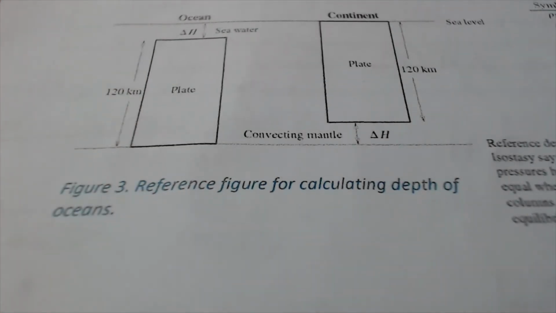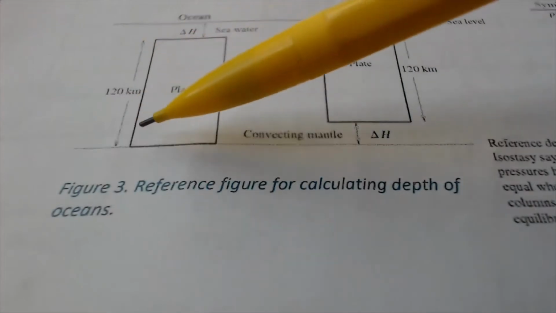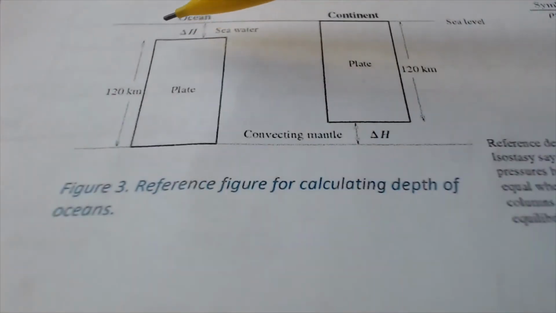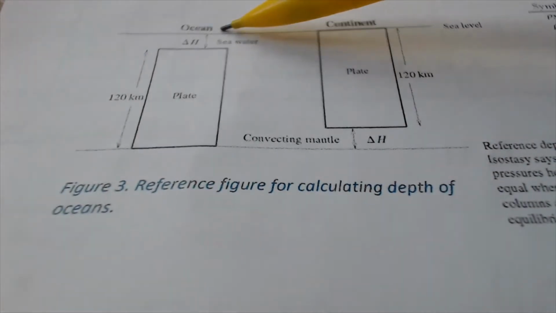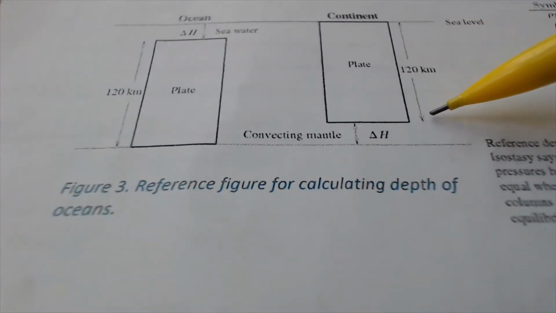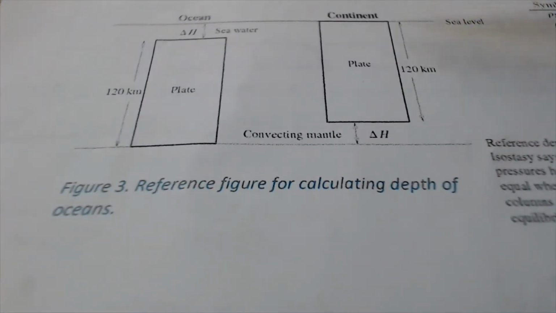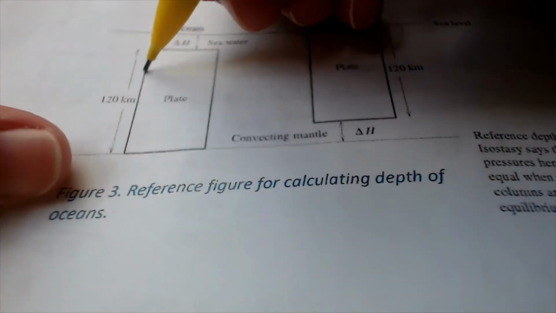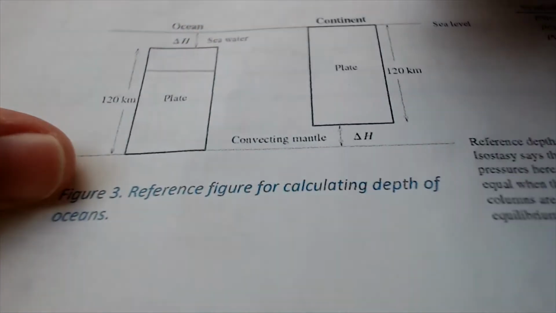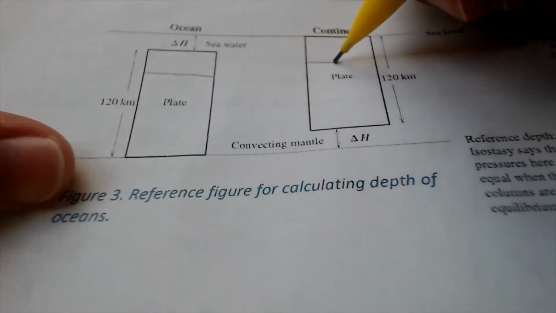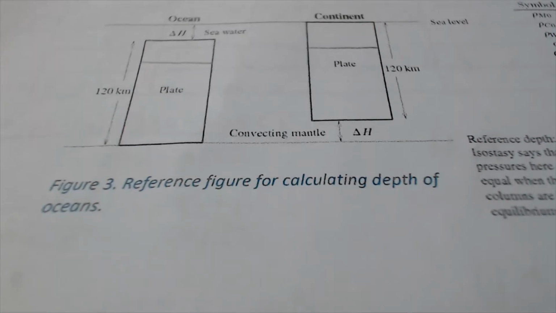So if you look at this diagram, you can see 120 kilometers as the plate thickness for the oceanic lithosphere, and then we have the same value over here for the continent. So based on the activities that we had done before, I can draw a line in to differentiate different parts of the plate that would have different densities.